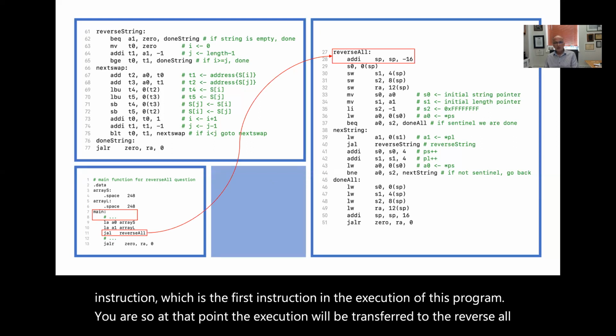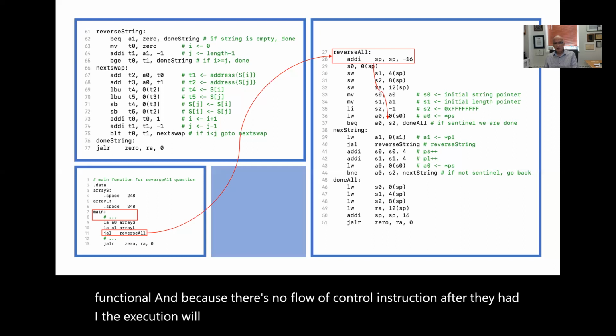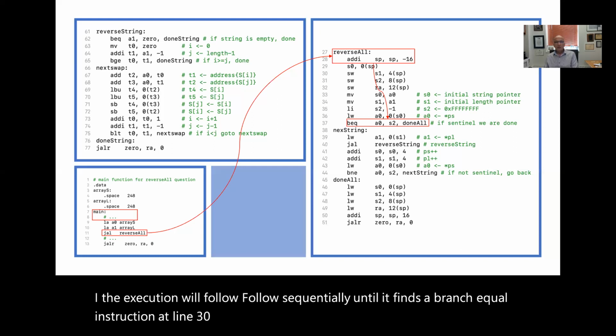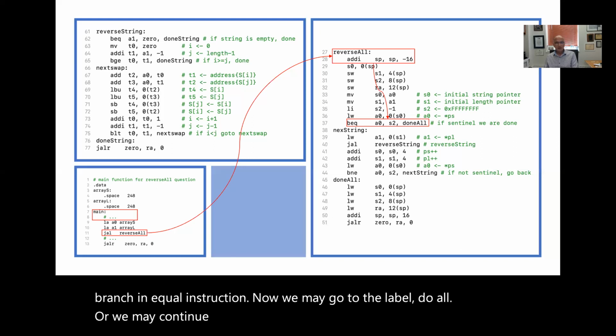And because there is no flow of control instruction after the addi, the execution will follow sequentially until it finds a branch equal instruction at line 37. So there are two paths that can be followed from the branch equal instruction now. We may go to the label do all, or we may continue execution with the next instruction after the branch.